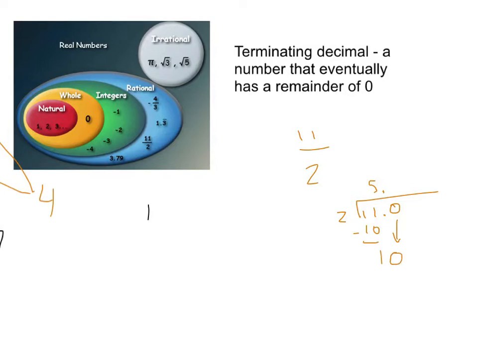So 2 goes into 10 5 times. That's 10, subtract, I have a remainder of 0. So 11/2 is a terminating decimal because what 11/2 really means is 5.5, right? 5.5, stop, terminating decimal.